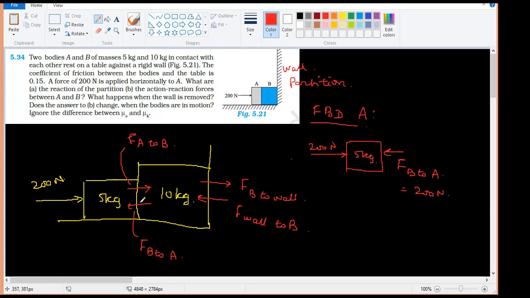Since this and this are equal, F A to B will also be 200 Newton.